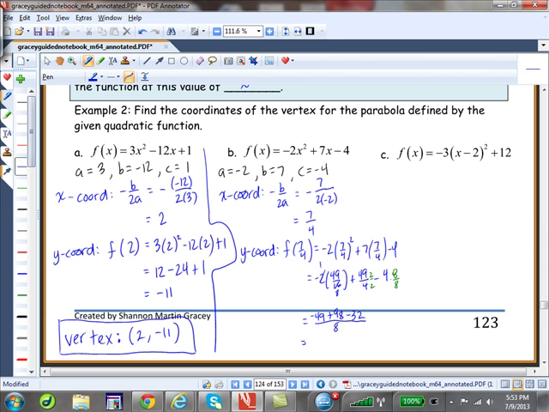So we'll end up with 17/8. So for this guy, the vertex is the ordered pair 7/4, comma 17/8.